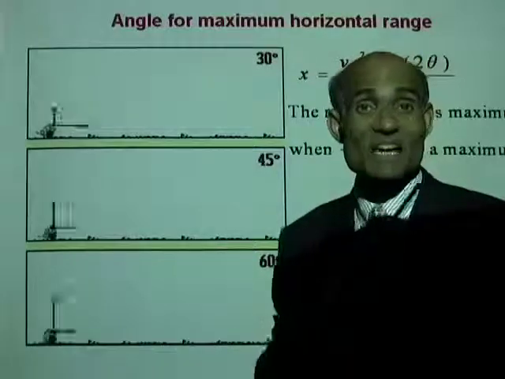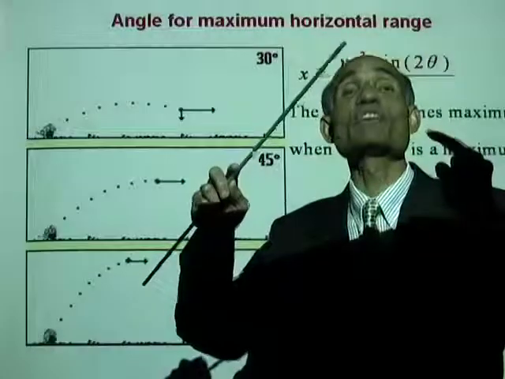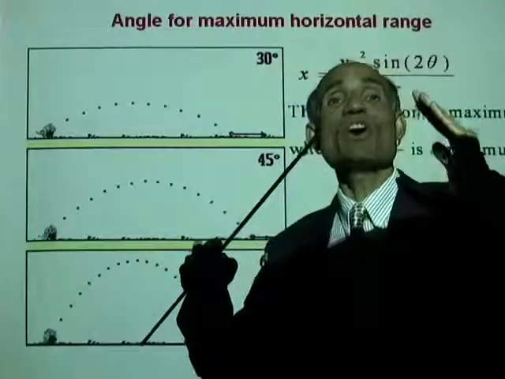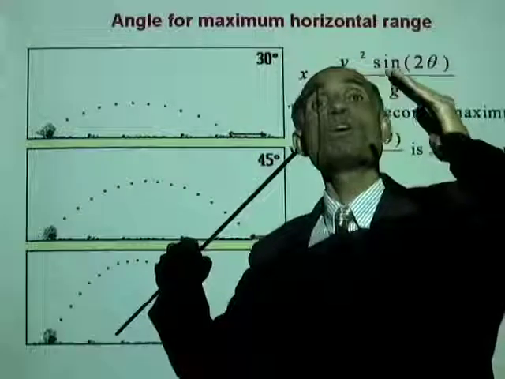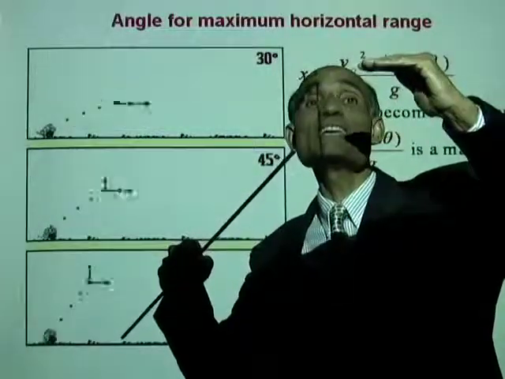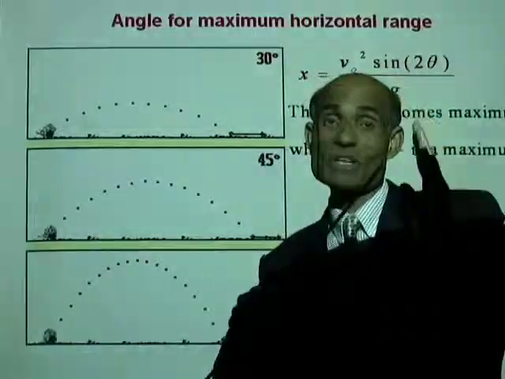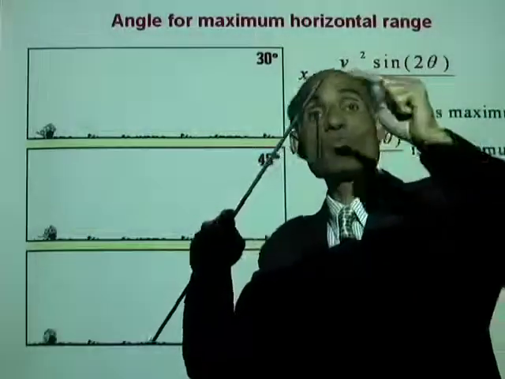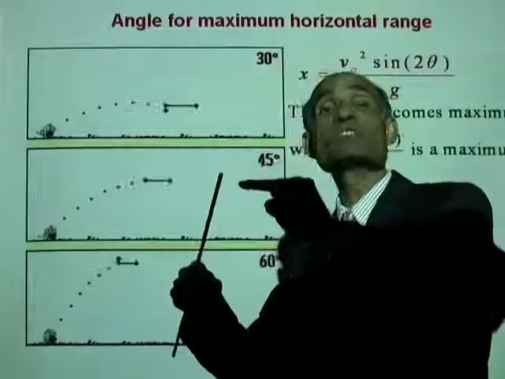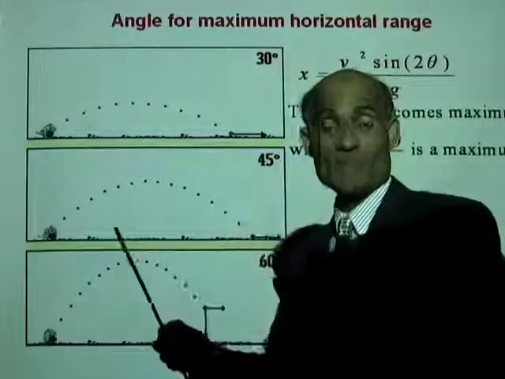You see, a sine function cannot exceed 1. Sine of 0 is 0, sine of 90 is 1, sine of 90 degrees, I'm not talking radians, sine of 90 degrees is 1, sine of 180 degrees is 0, is that right?